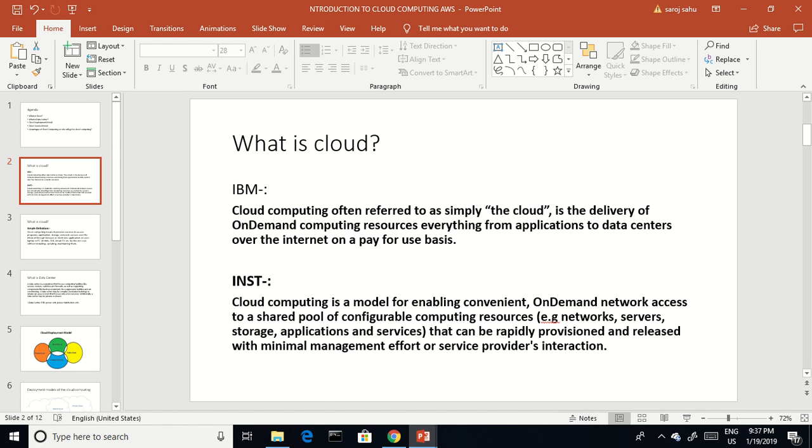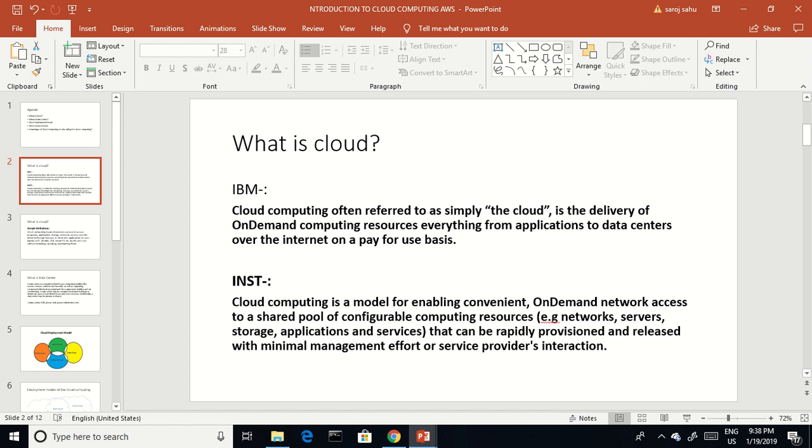They are providing the services, and that can be provisioned very easily. You just have to visit their website, and by a few button clicks you can get your services. So the management effort is also very little. Within a few seconds, you can have your computing resources, which is very beneficial for your business.